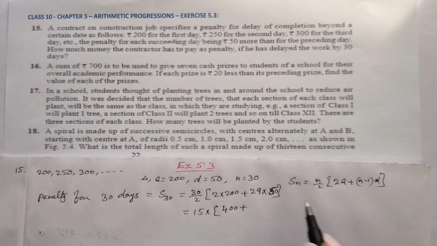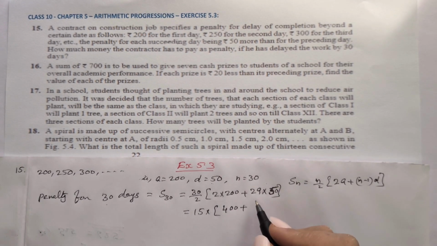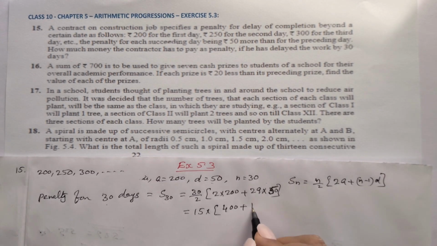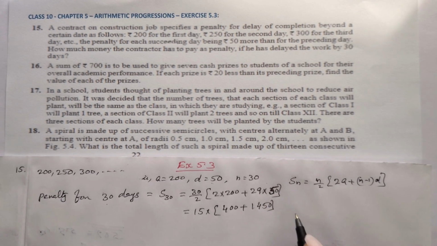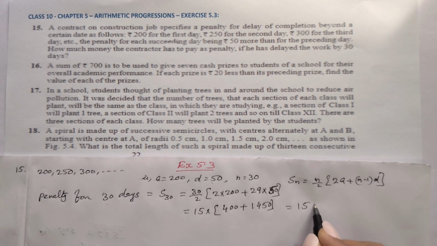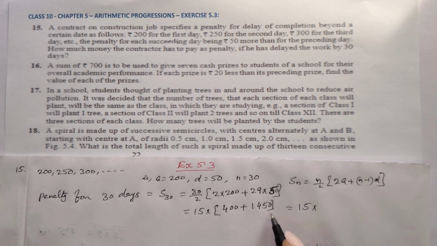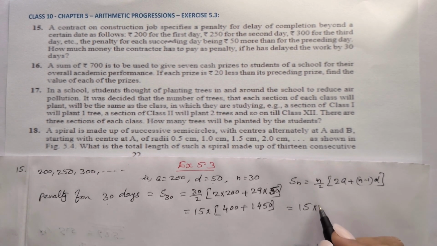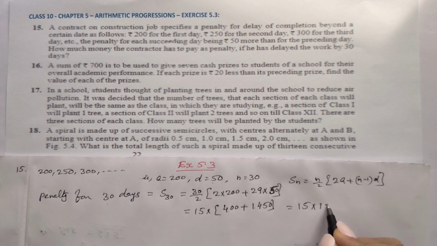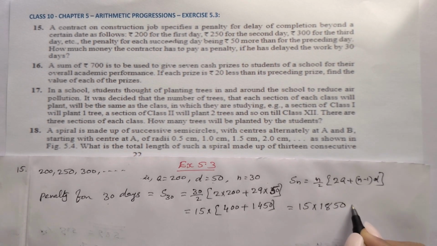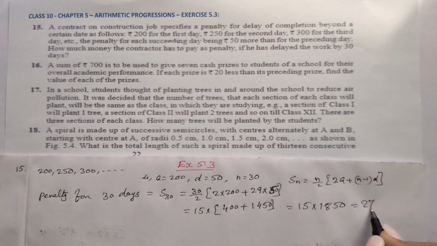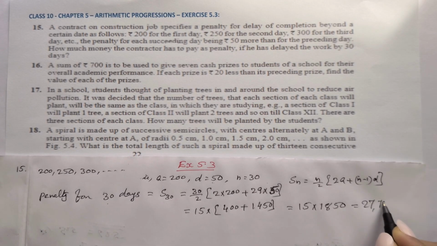D is equal to 50. So 29 into 50, that will come as 1450, which is equal to 15 into 400 plus 1450, that means 1850, and that is equal to 27,750.